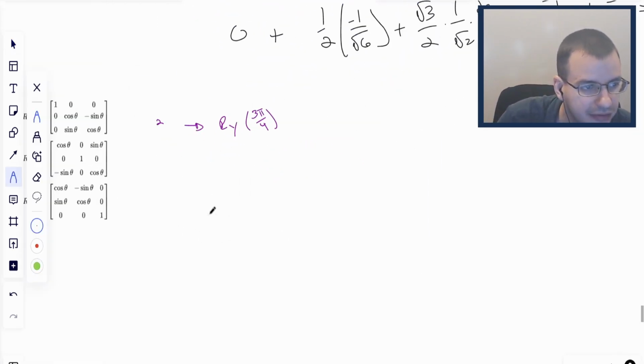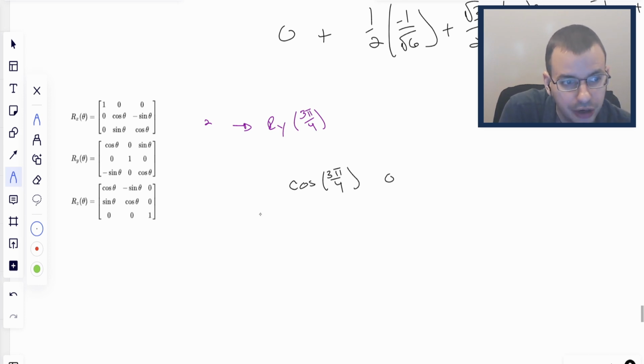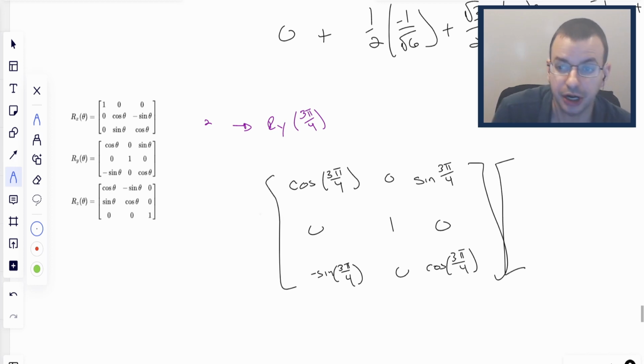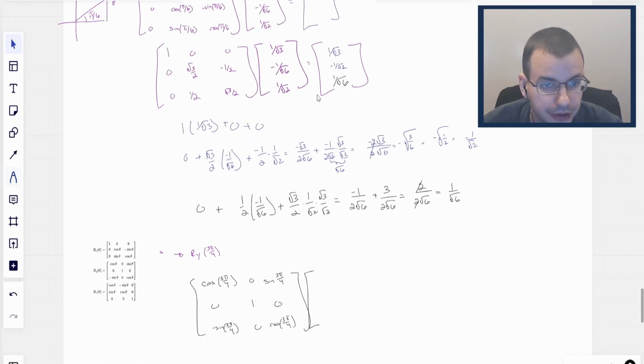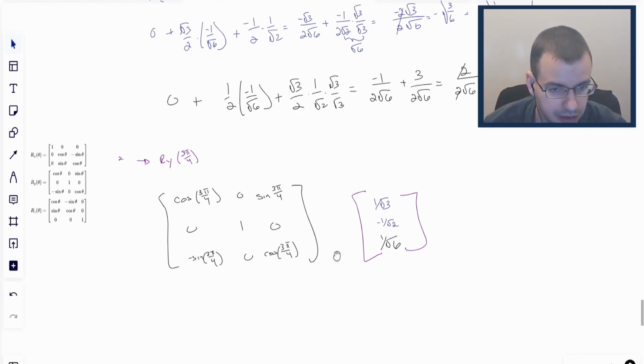So now we're going to have cosine of 3 pi over 4, 0, because we're going y direction, sine 3 pi over 4, 0, 1, 0, negative sine 3 pi over 4, 0, cosine 3 pi over 4. And we're going to multiply this by our new point, which we just got, which is up here.